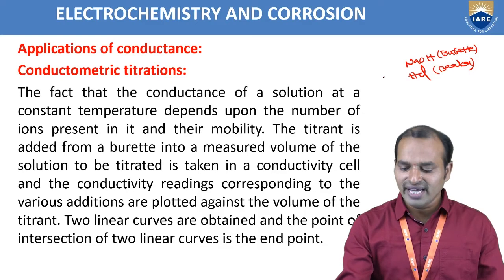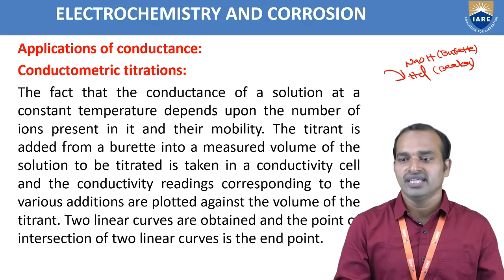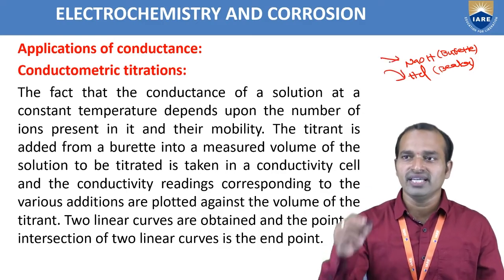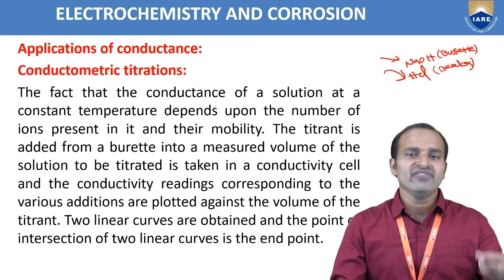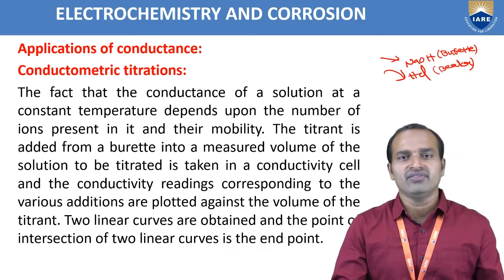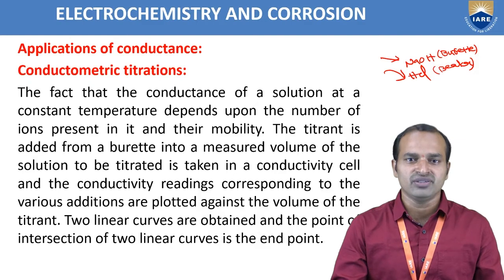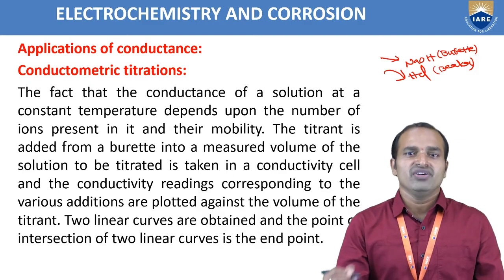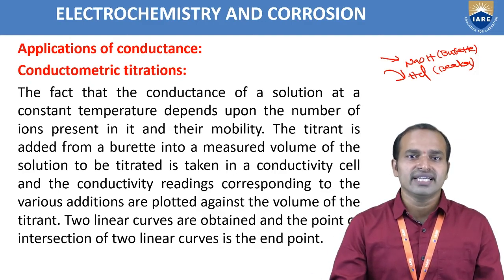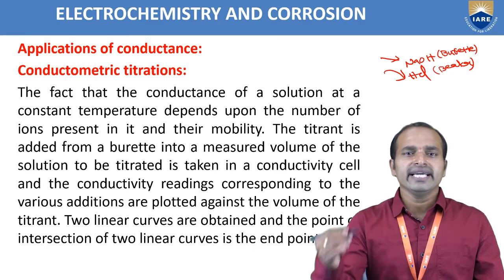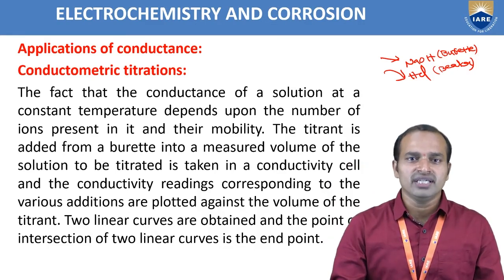That cell is inserted in the HCl solution. The NaOH solution is filled in the burette. First we add 0.1 or 1 ml of NaOH to the HCl solution, then we observe the conductance on the conductivity meter. Again and again, NaOH is added to the HCl solution.